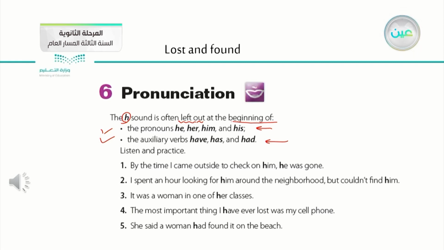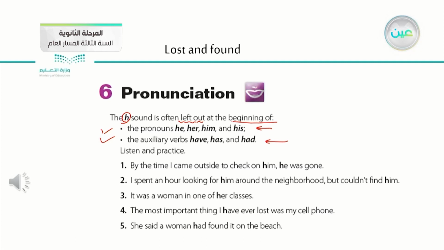Let's take some examples. Number one, by the time I came outside to check on him, he was gone. Number two, I spent an hour looking for him around the neighborhood, but couldn't find him. Number three, it was a woman in one of our classes. Number four, the most important thing I've ever lost was my cell phone.